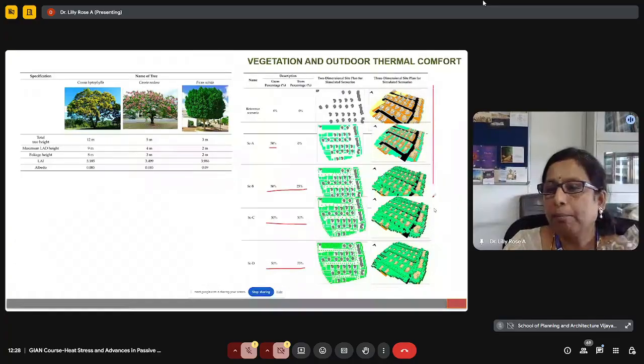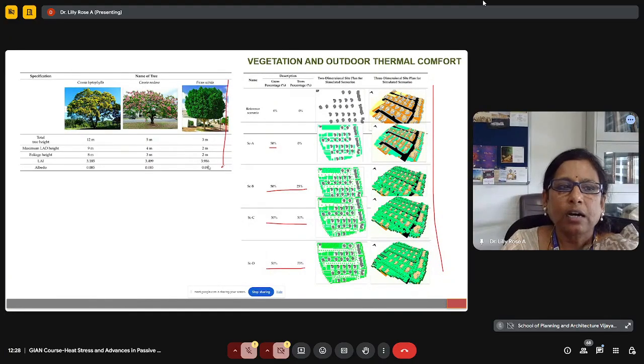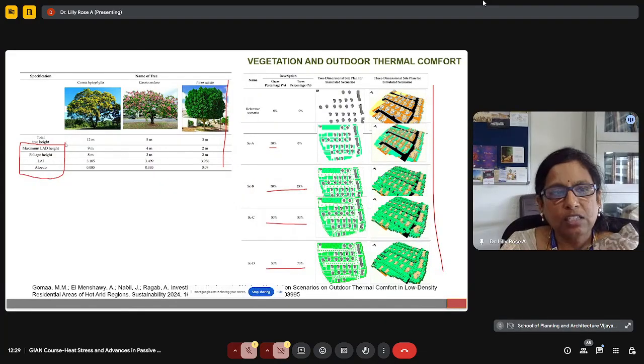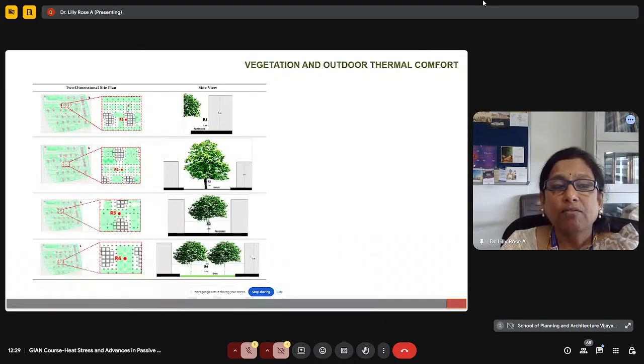They performed this in a neighborhood, and the selected trees depend on the parameters that they have chosen: leaf area density, foliage height, leaf area index, and albedo. Within the neighborhood in different scenarios, they selected 4 points.